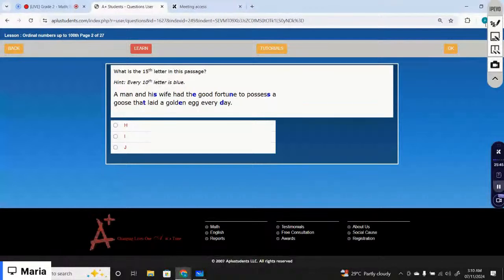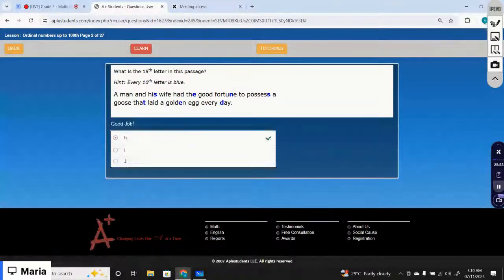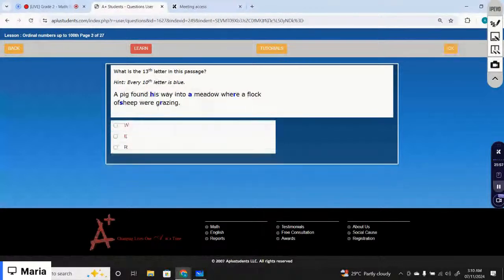They count 10, 11, 12, 13. So H is the 15th letter in the passage. The correct option is H. What is the 13th letter in the passage, which is the correct option?